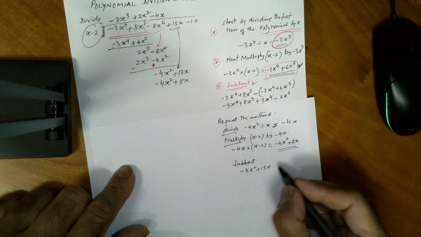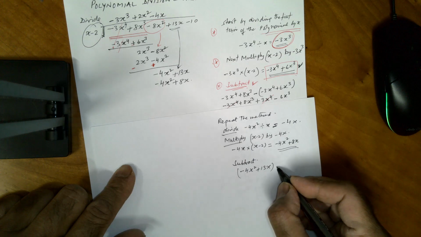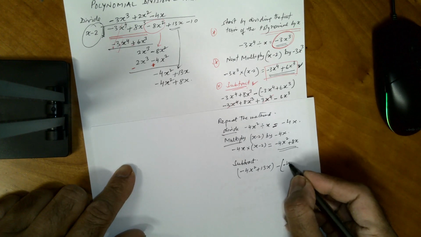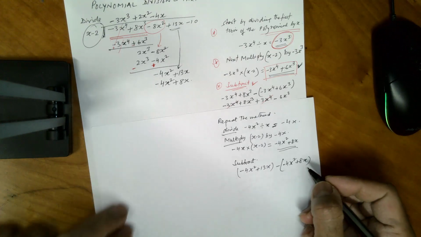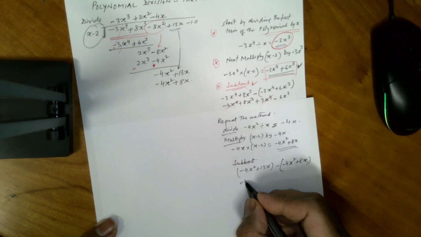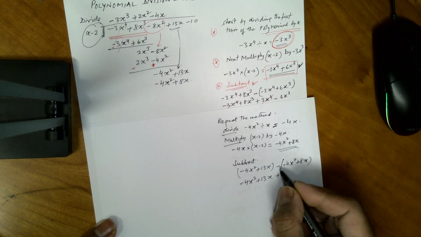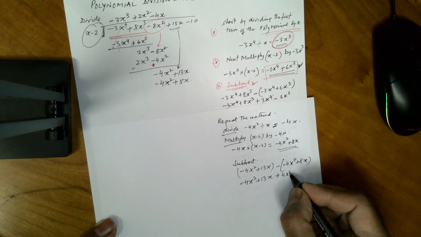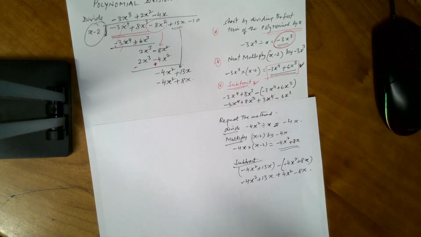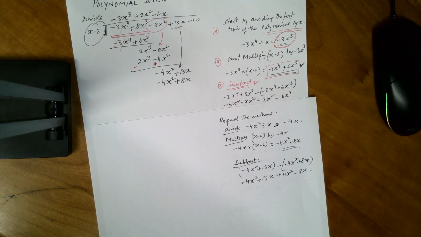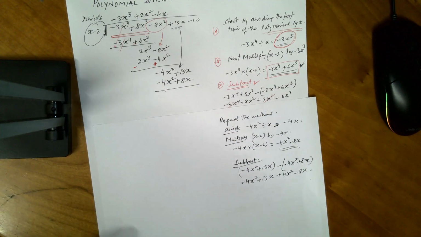Let's put this in a bracket, then minus, and again minus 4x squared plus 8x. Let's open this. Plus, minus, minus, plus. And this one will be minus 8x. So you see, when you do it this way, subtraction is easier for you, so you know what to cancel out.